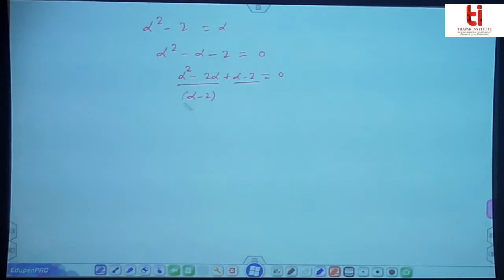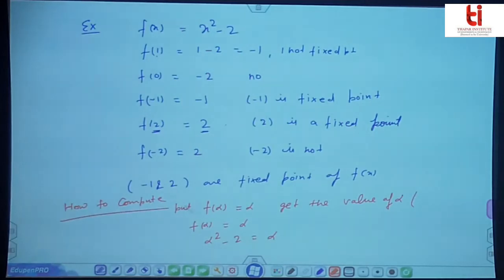Alpha minus 2, alpha plus 1 equals 0. The values of alpha are minus 1 and 2. So minus 1 and 2 are the fixed points of the function f. It is the same as before. So if you want to compute the fixed point of a function, just put f(x) equal to x or f alpha equal to alpha, and get the value of x or alpha. That will be the fixed point.